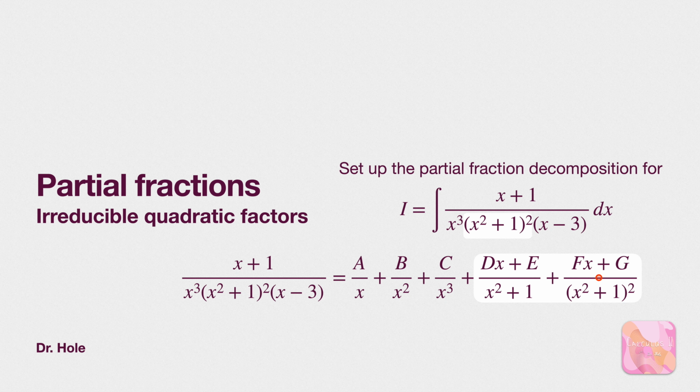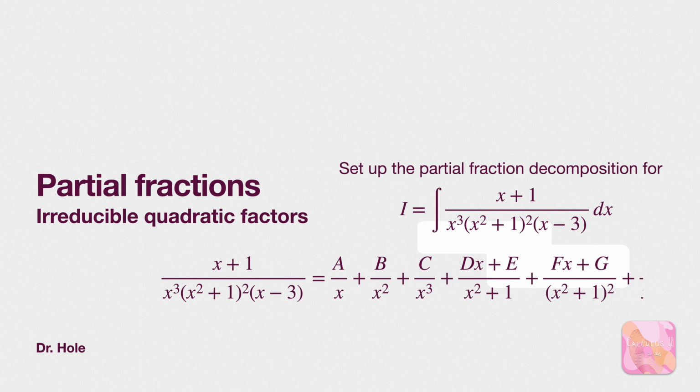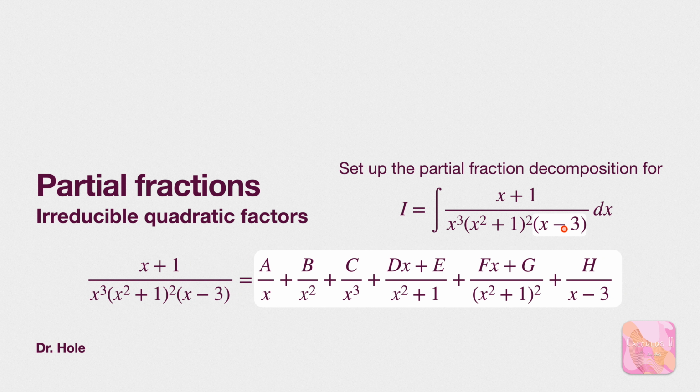It only repeats twice, so we've picked up those two terms. And then finally, the last, x minus 3, is a non-repeated linear factor, so we just pick up an h over x minus 3.